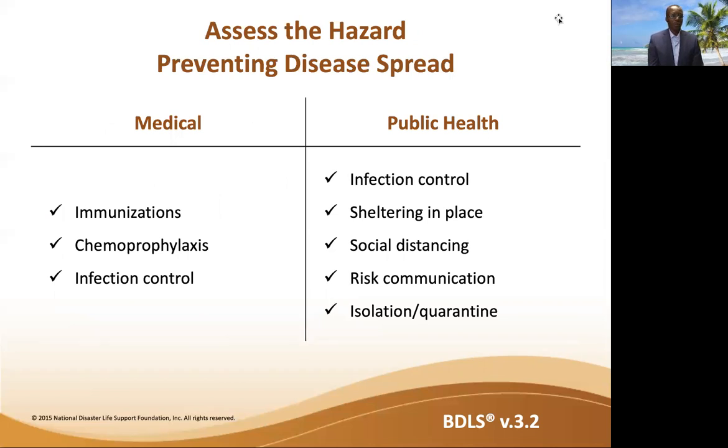Disease spread requires many actions on the part of public health and the medical community. This can be divided into medical and public health interventions. Medical interventions include immunizations, if available, chemoprophylaxis, medication to treat or provide prophylaxis, and infection control, such as provider infection control steps and patient actions, such as respiratory protection.